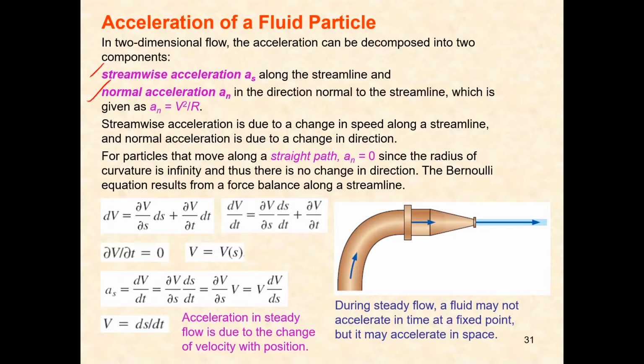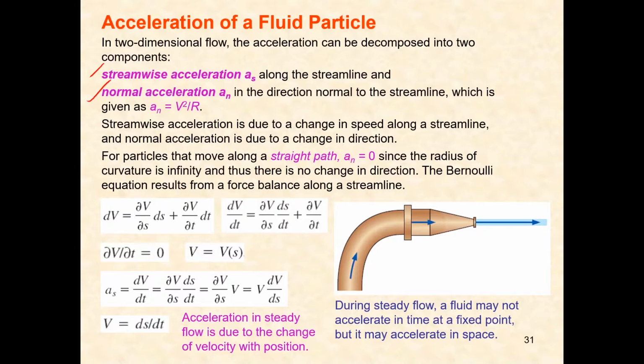The streamwise acceleration is due to the change in speed along the streamlines. However, the normal acceleration is due to the change in direction. So if the particles in a streamline move in a straight path, a_n is equal to 0 because the radius of curvature is infinity. That means there is no change in direction.